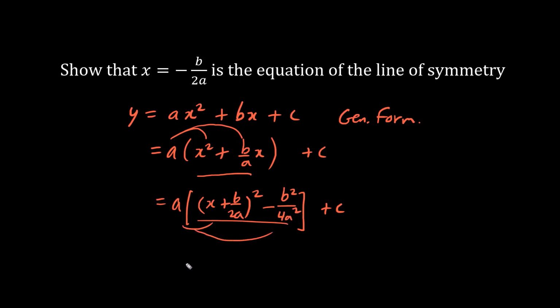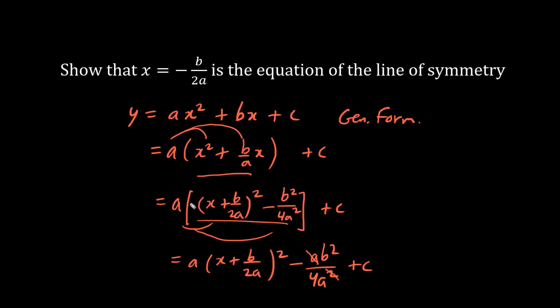We can now use distribution. So we have a times (x plus b over 2a) all squared, and a times this part here becomes negative a b squared over 4a squared, and one of these a's cancel out. So this a on the top disappears, and this squared becomes exponent 1, all plus c.